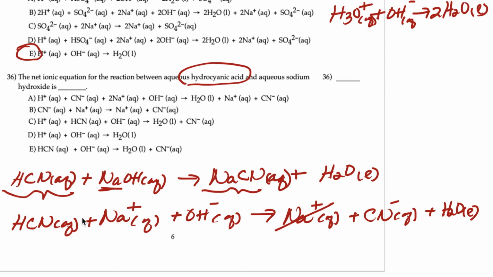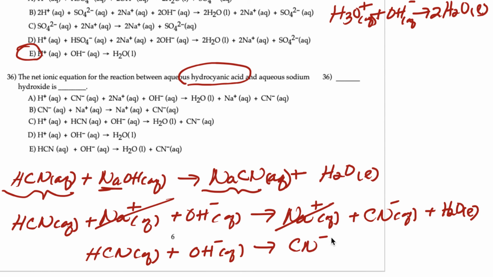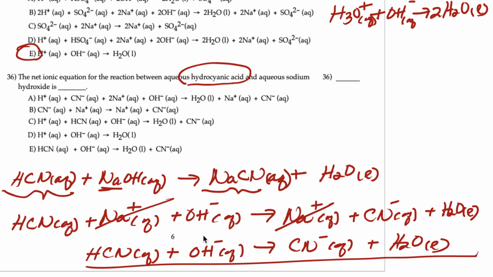We see that the sodium ions cancel, so this is our net ionic equation, so we just try to match it to one of these, and it looks like the answer here is E.